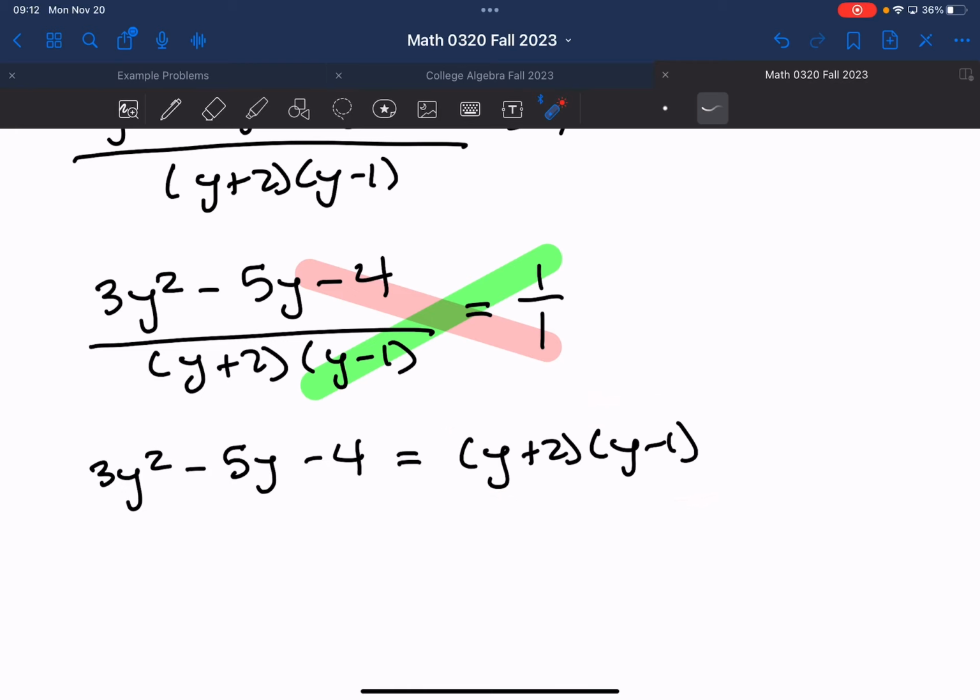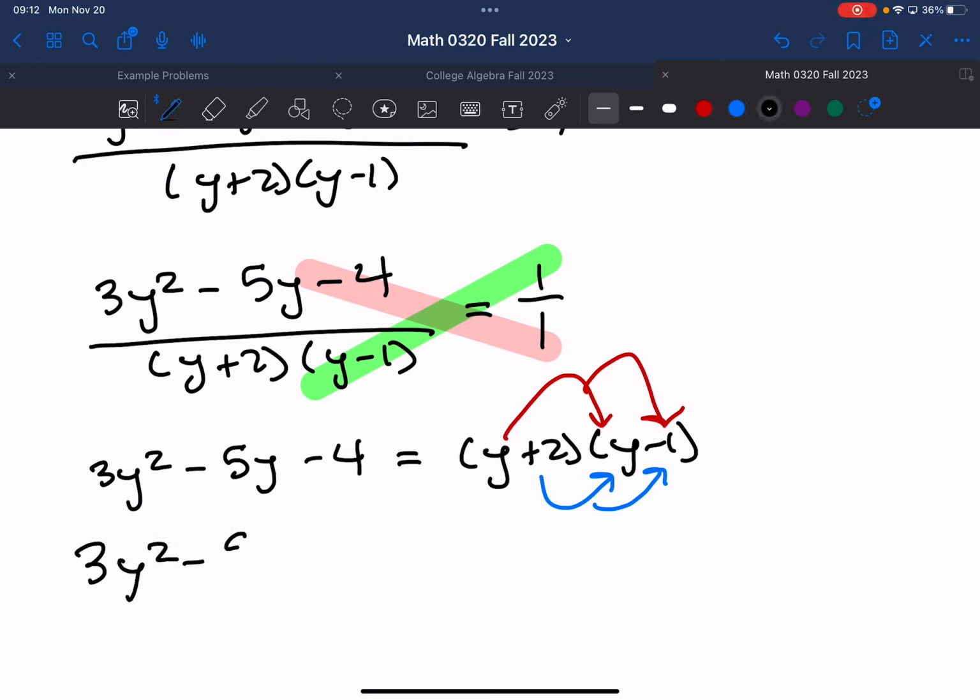Foil it. So I need to foil it out, and then I'm going to have it equal to 0 by moving everything over. So I have 3y squared minus 5y minus 4, just rewrote that left side, is equal to y squared negative y plus 2y minus 2. That's what we get when we FOIL everything out.